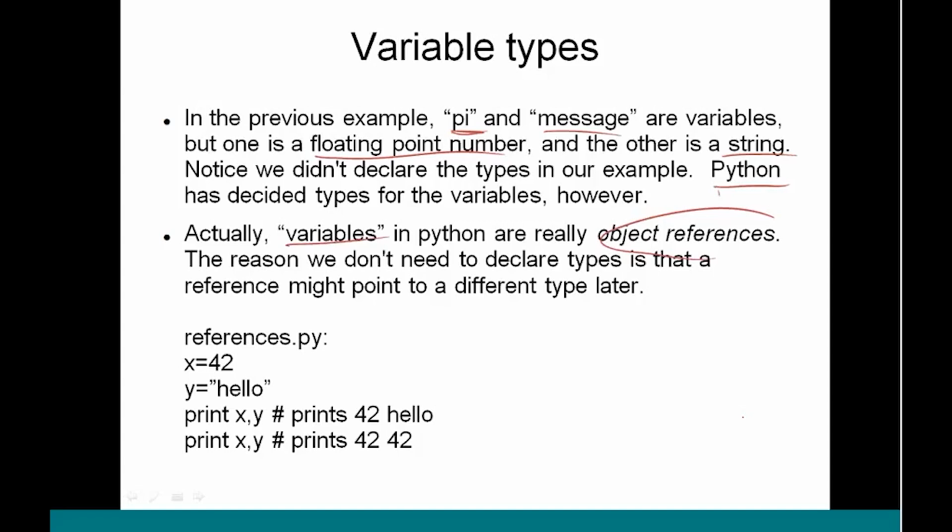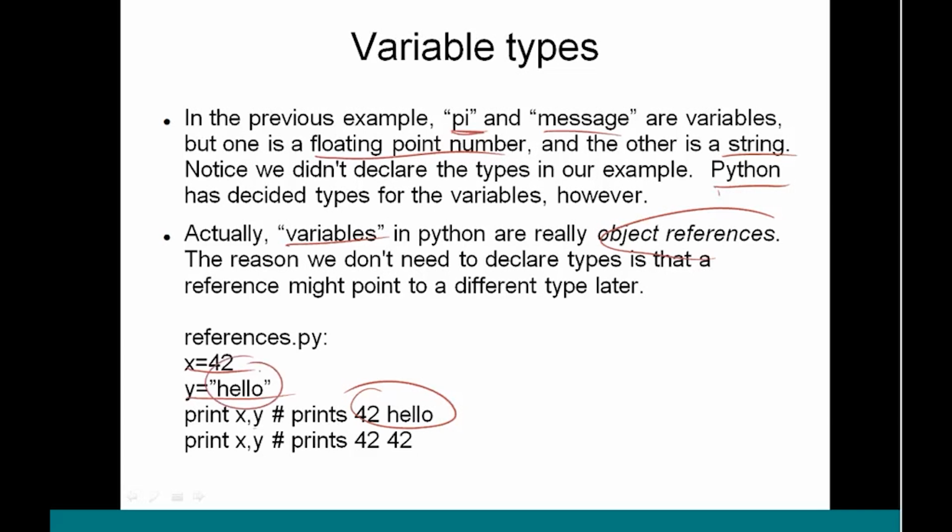So here is one example. X is 42, Y is hello. So print X, Y prints 42 hello. Print X comma Y. But you can also change this type.